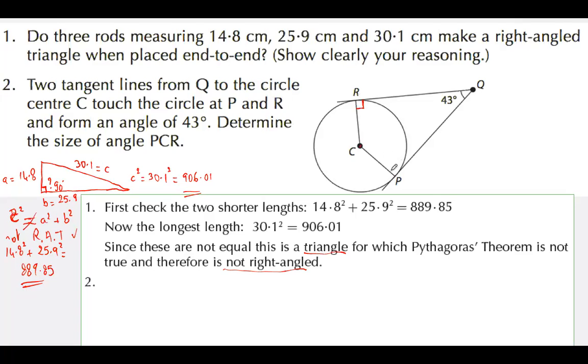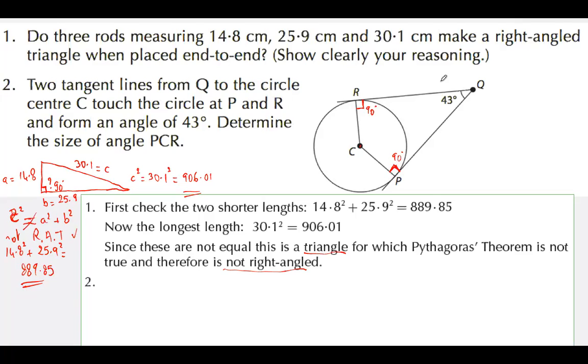That's the thing that you need to bear in mind. And because they are right angles, this is 90 and this is 90. 90 plus 90 is 180.